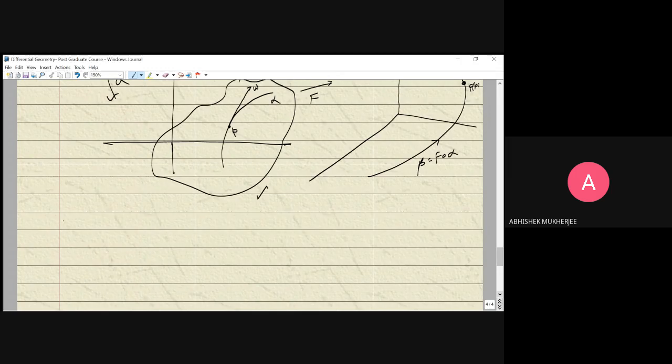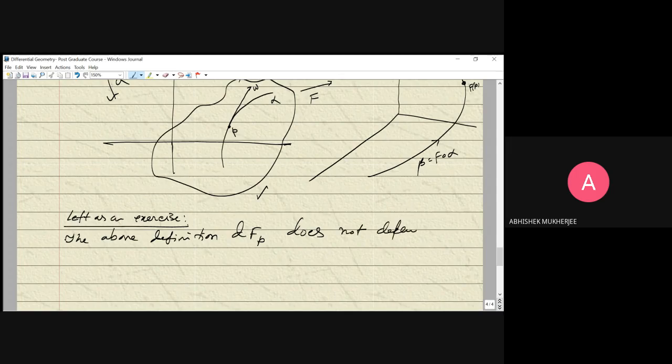Okay. Now I would like to leave this as an exercise. The above definition of dFp does not depend on the choice of alpha, right?